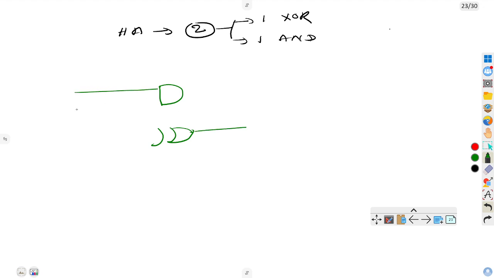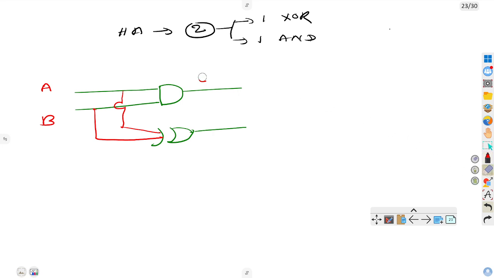Okay, I hope you understand. This is very simple. So these are the two inputs A and B. Okay. So this stands for the carry, that is the C out. Here you can write the C out.